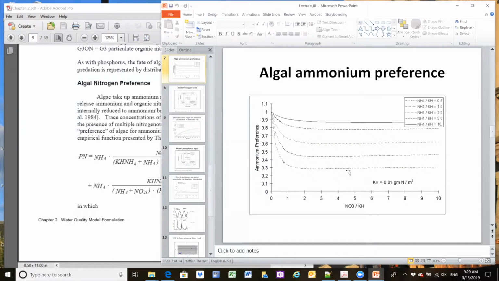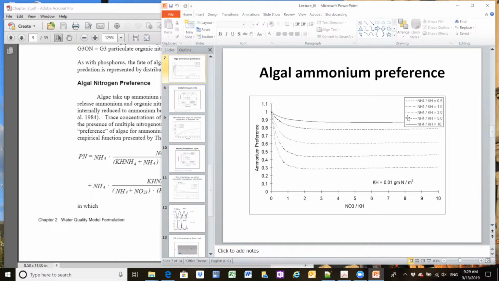Clearly, if there's no nitrate, the preference for ammonium has to be 1 because there's no nitrate. It kind of levels out, and then if you have abundant nitrate, the ammonium preference is influenced by the abundance of ammonium.